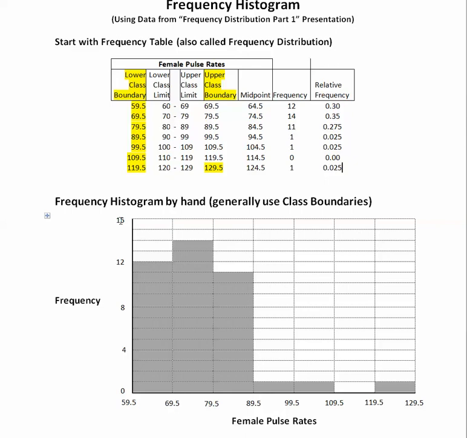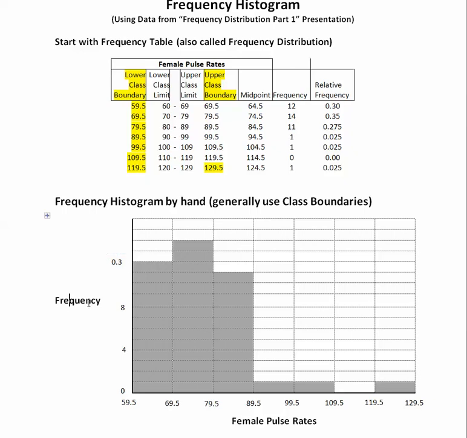So let's do that. I'm going to get rid of the 16. This 12, if we look over here, 12 equals 0.3. That's the relative frequency of that value, 0.3.